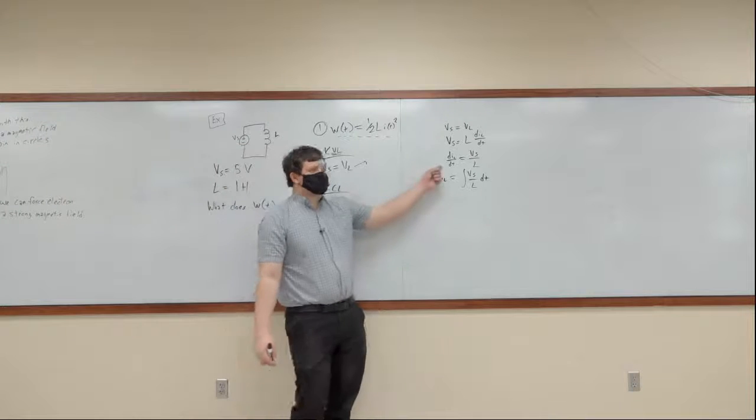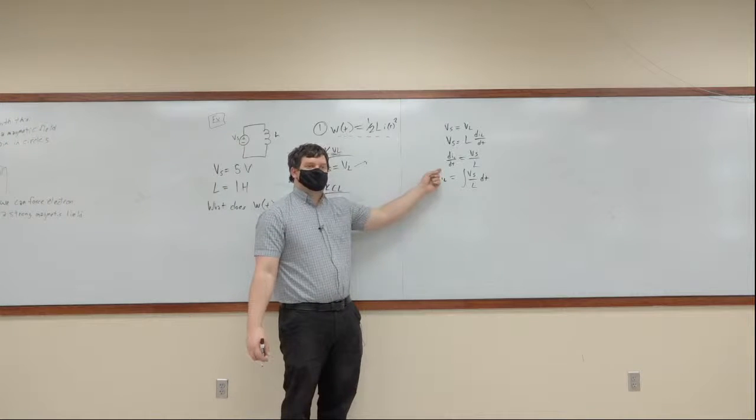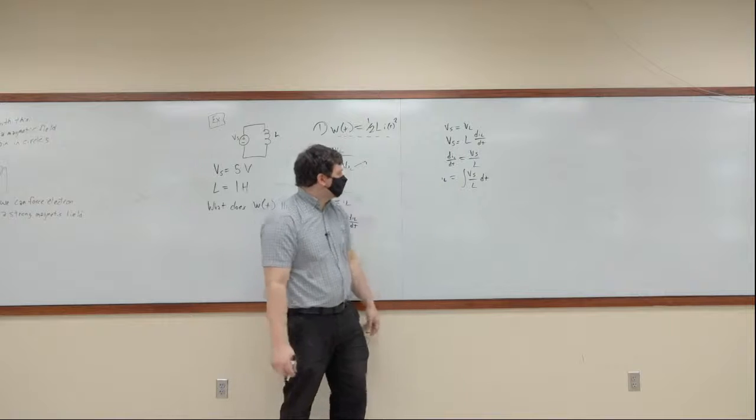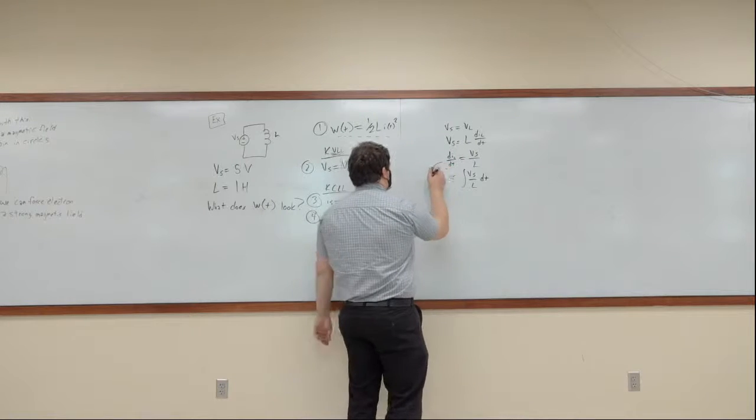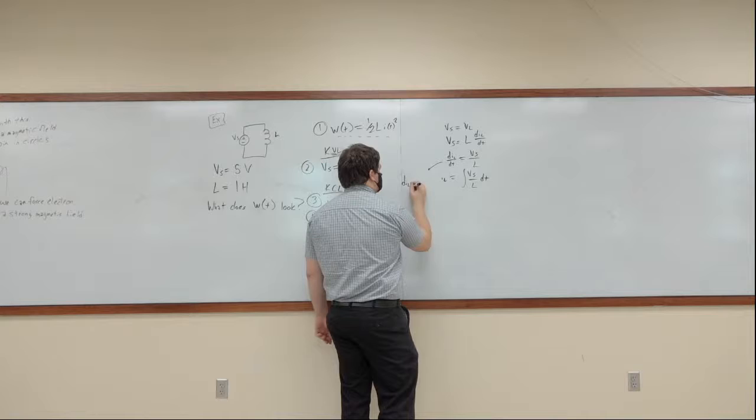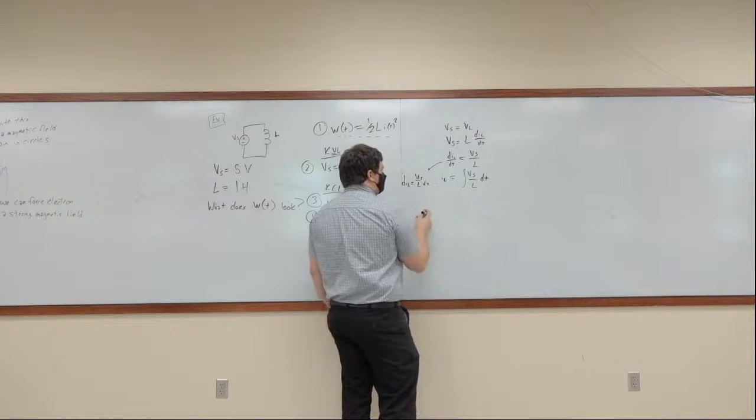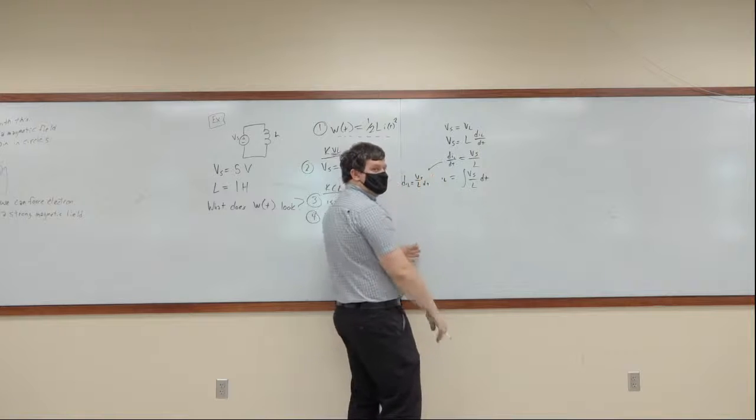I just took an integral of the derivative. So if I want to break this step out, technically it becomes diL is equal to VS over L dt. And then you just integrate both sides.